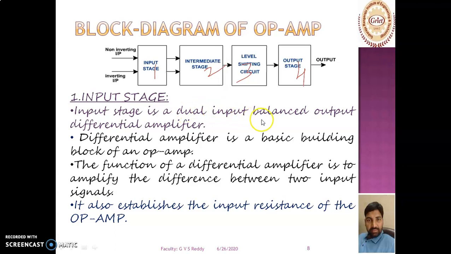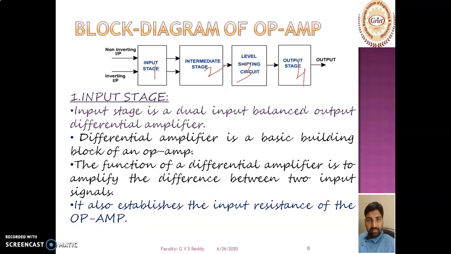Up to now we know about differential amplifier. Now we must know about dual input balanced output, dual input unbalanced output, single input balanced output, and single input unbalanced output. What is meant by dual input and balanced output?